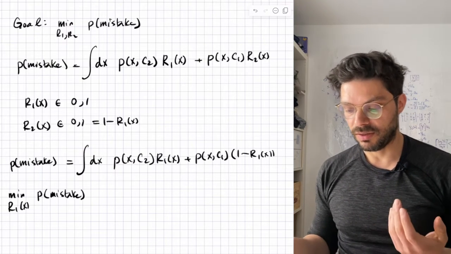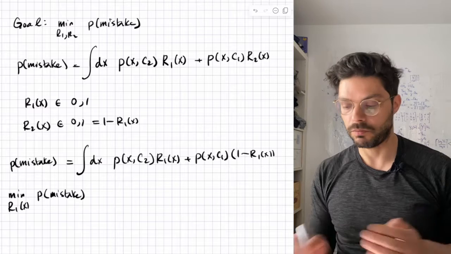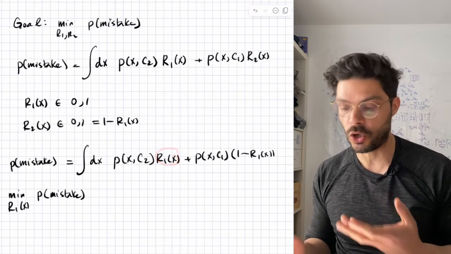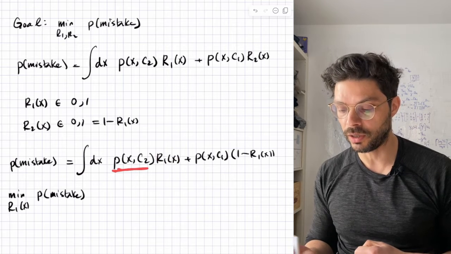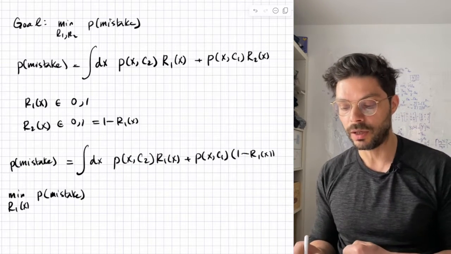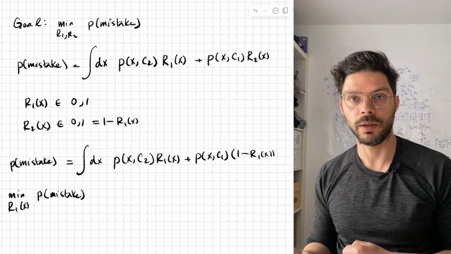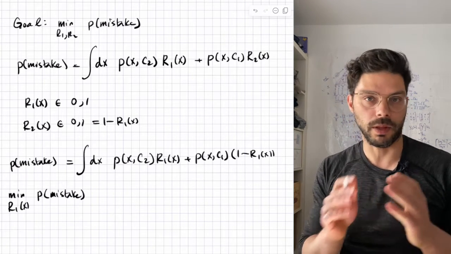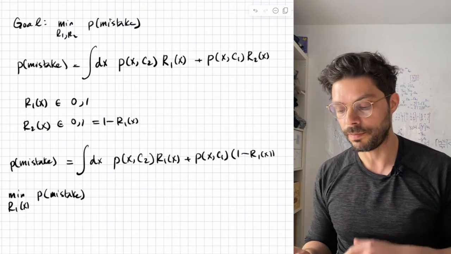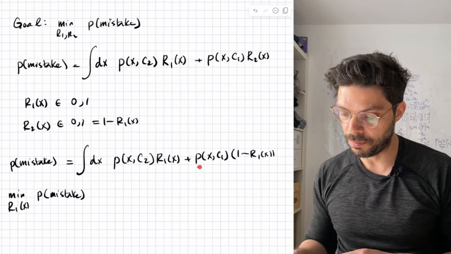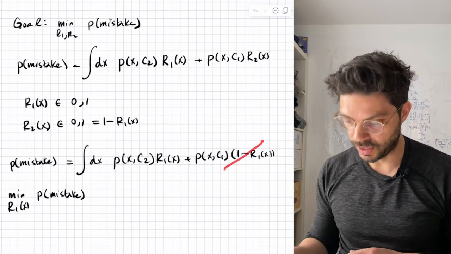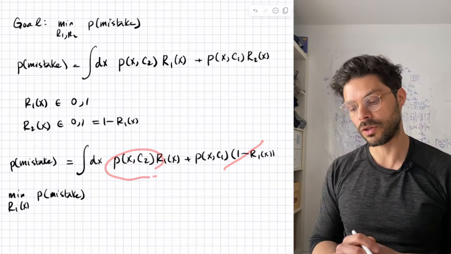If we consider a single point, R1 of x should be chosen so that it picks the smaller of P of x and C2 or P of x and C1, right? Because we have two choices for R1 of x, either it's 0 or it's 1. If it's 0, then P of x and C1 gets chosen. If it's 1, then the other term becomes 0 and P of x and C2 gets chosen.